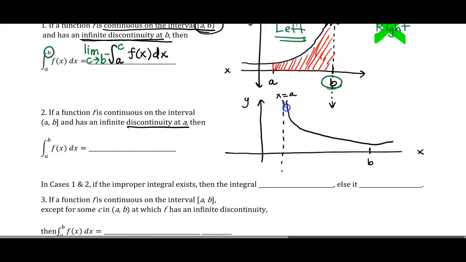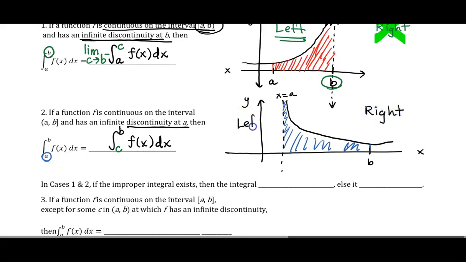So when I want to integrate from A to B, I want this area, which I'm allowed to do, but I'm not allowed to put A as a limit because there's a discontinuity at A. So we're going to introduce a new value. I'll call it C as my lower limit. I'll keep B as my upper limit. We're still integrating f of x dx. But the question is, from what side are we able to approach C?